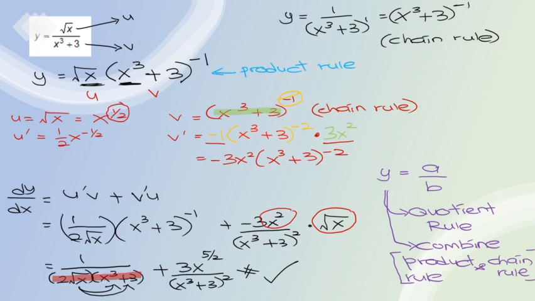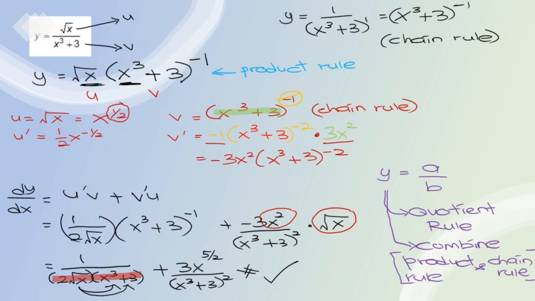Okey. So untuk yang berbentuk pecahan you boleh guna quotient. Okay, so saya tulis balik. Okay, y equals to a over b.